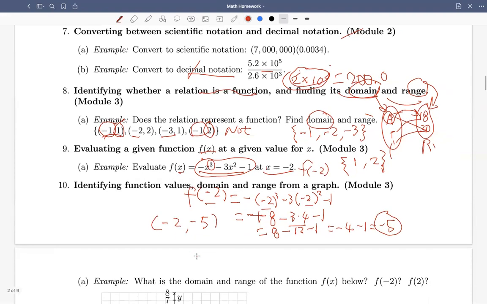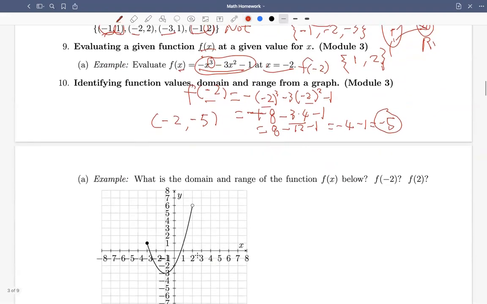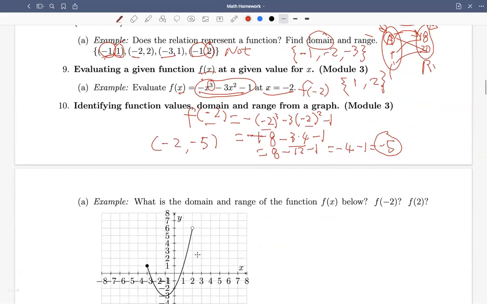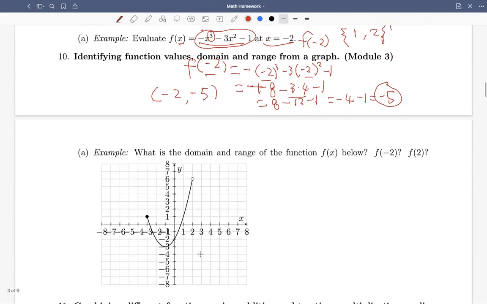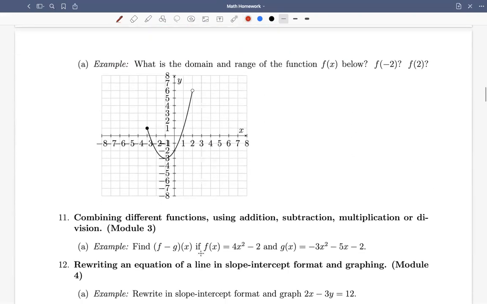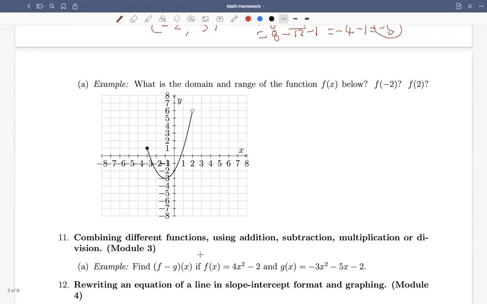Okay, so number 10 is identifying function values, domain and range from a graph. Let's see this one. So, right, a function has a couple of representations. A function can be represented as algebraic expressions, like the one we saw, or it can be represented by a graph.